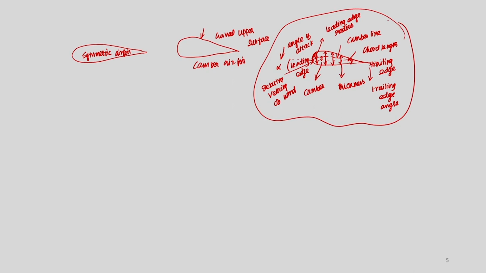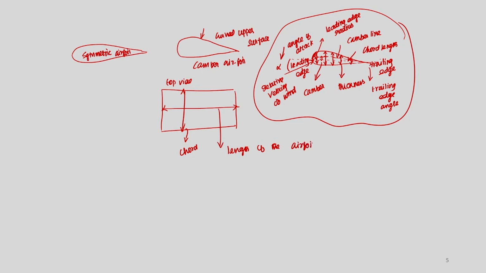Apart from that, there is something called span. What is the span? If you see this airfoil in top view, this is nothing but the chord. The length of the airfoil perpendicular to its cross section is called the span.